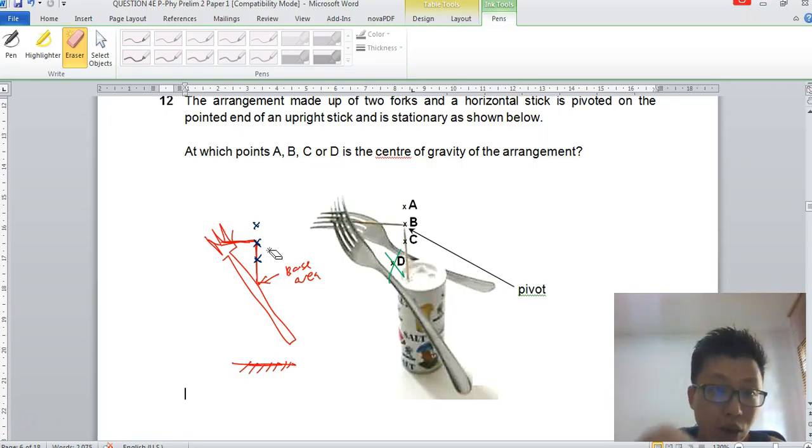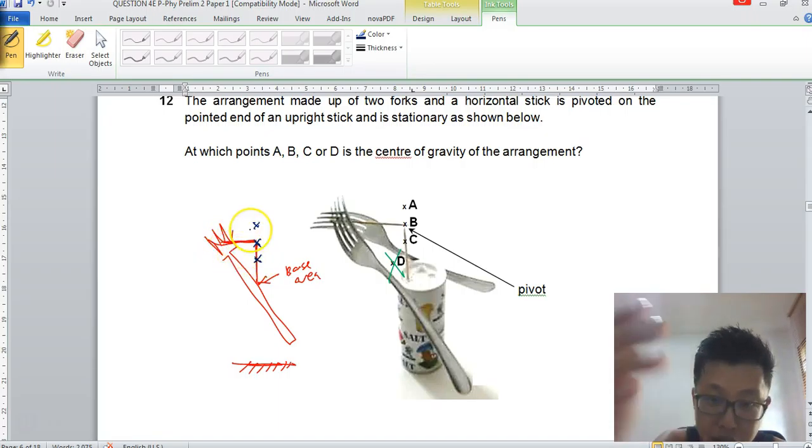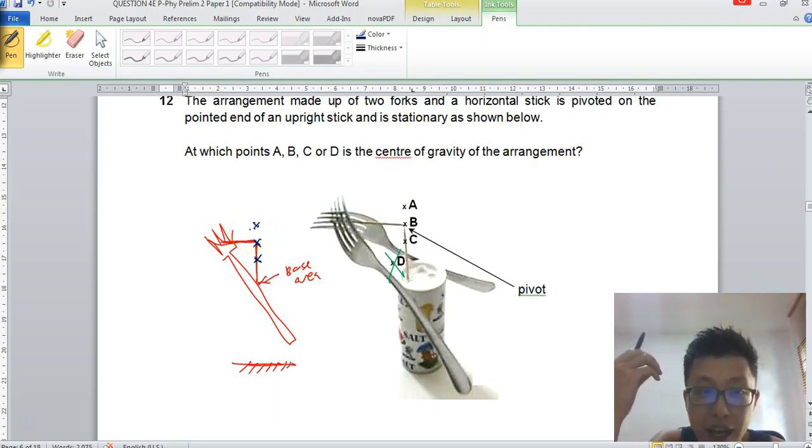Now, if you look at the whole system, that means the can, the toothpick, and the fork. If you are just looking at the toothpick and the fork, you can see that most of the mass comes from the fork, correct? The fork is definitely heavier than the toothpick, meaning that the CG will be heavily influenced by the position of the fork.